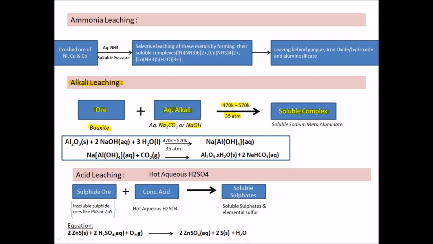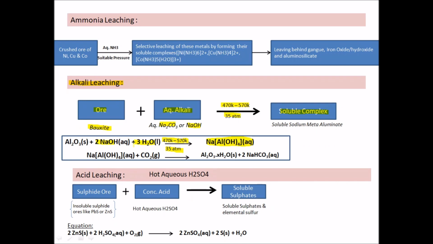So bauxite, when treated with aqueous alkali, which will be sodium hydroxide, and water, H2O in the liquid state, mixed along with it, and treated at 470 Kelvin to 570 Kelvin at 35 atmospheres pressure, forms a complex called sodium meta-aluminate with the formula NaAl(OH)4, which is also in the aqueous form.